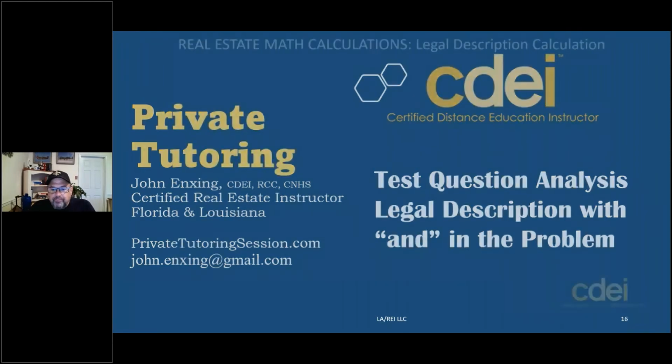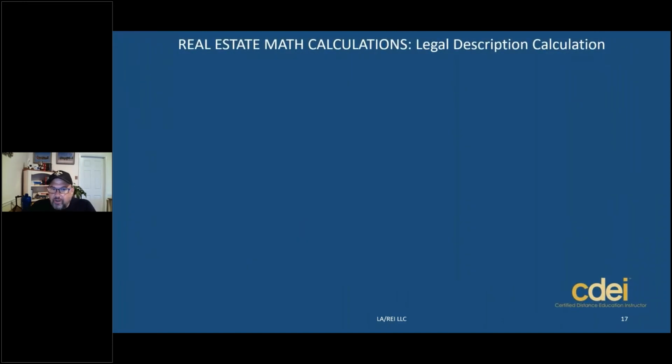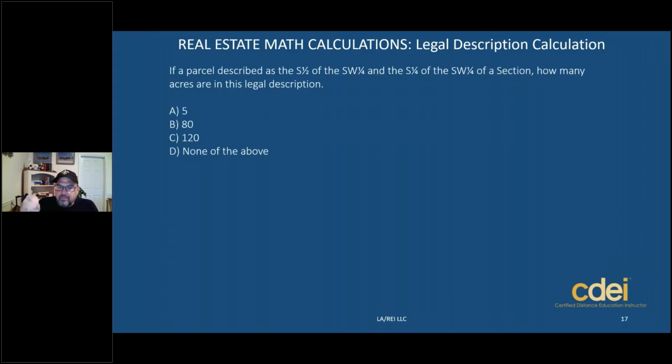Here we go. We're going to talk about a real estate calculation, a legal description calculation using the word "and." You may get a question similar to this one. So you've got a parcel described as the south 1/2 of the southwest 1/4 and the south 1/4 of the southwest 1/4 of a section.